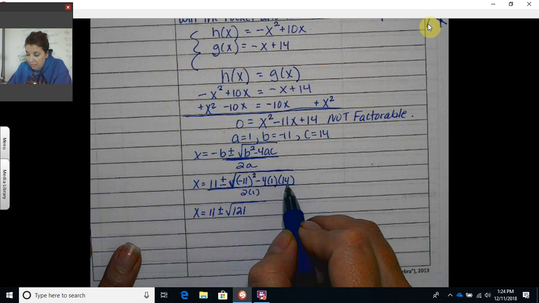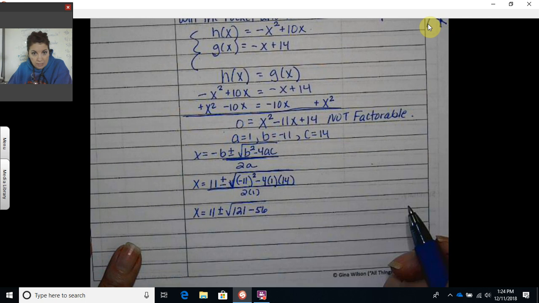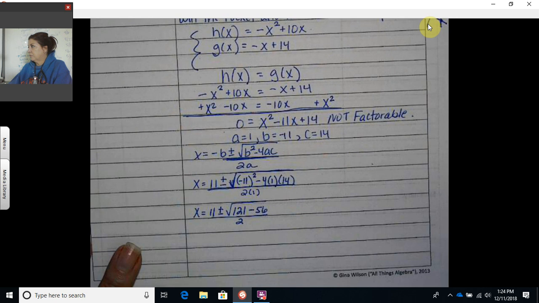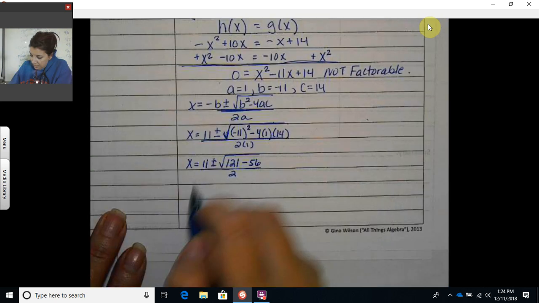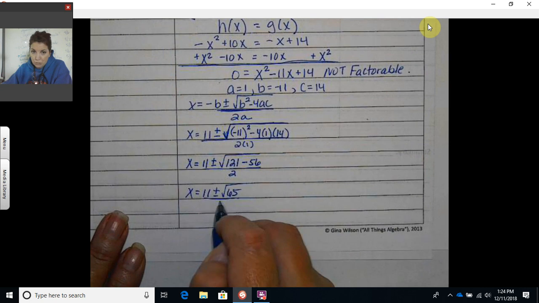Negative 4 times positive 14 is negative 56 or minus 56. All over 2 times 1 is 2. So that's X equals 11 plus or minus the square root of 65 all over 2.